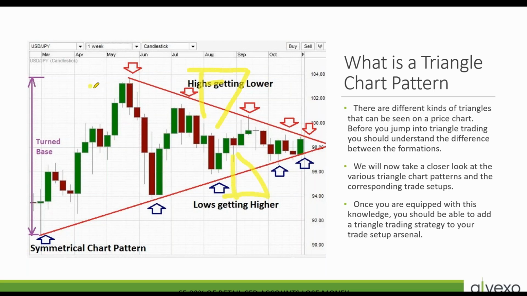Wedges, the only difference between a triangle and a wedge is in a triangle, a symmetrical triangle, the two sides are converging at the same degree. A wedge has one side converging at 1 degree and another side converging at another degree.